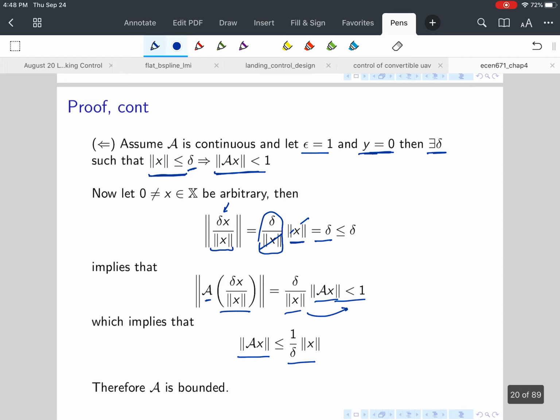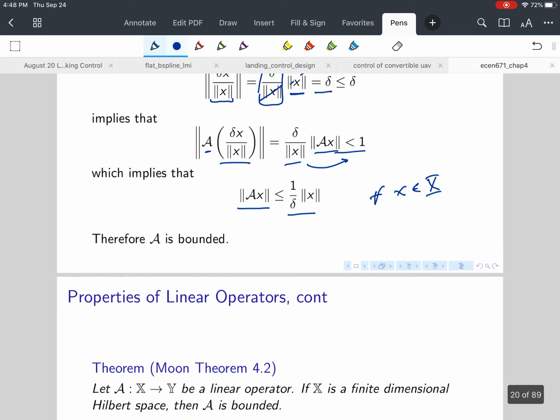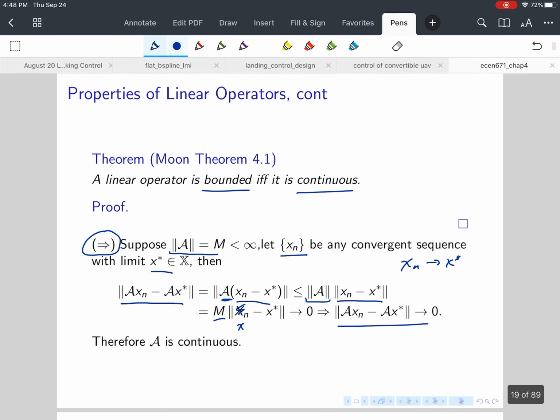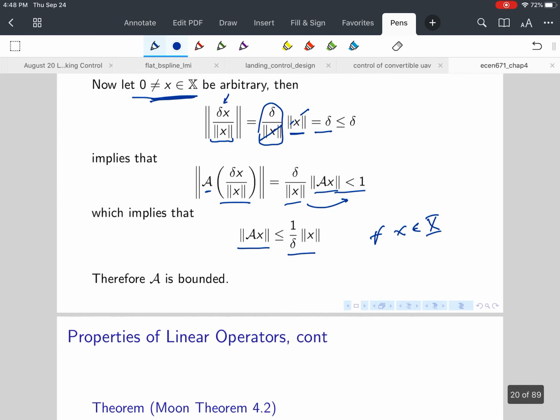This is true for every x, because we picked x arbitrary in our capital X. So the operator has to be bounded, because when we take the supremum over all norm x equal to 1, 1 over delta is in fact an upper bound. Okay, so we've shown now that the linear operator is bounded if and only if it's continuous.